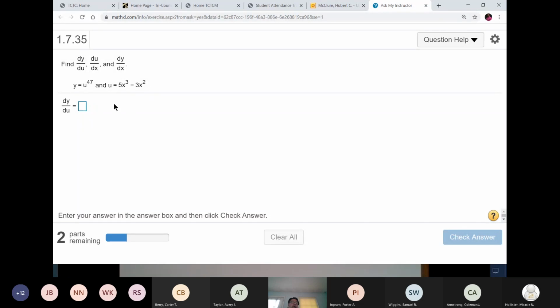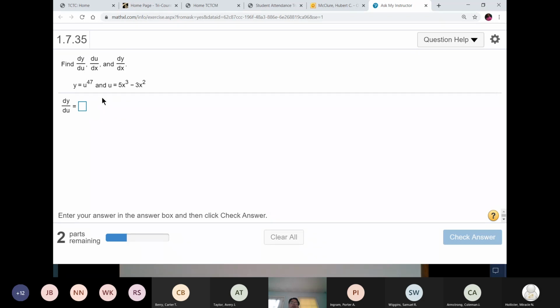This one says dy/du. Well, that would be 47u to the 46th. And then du/dx would be 15x squared minus 6x. And then find dy/dx.